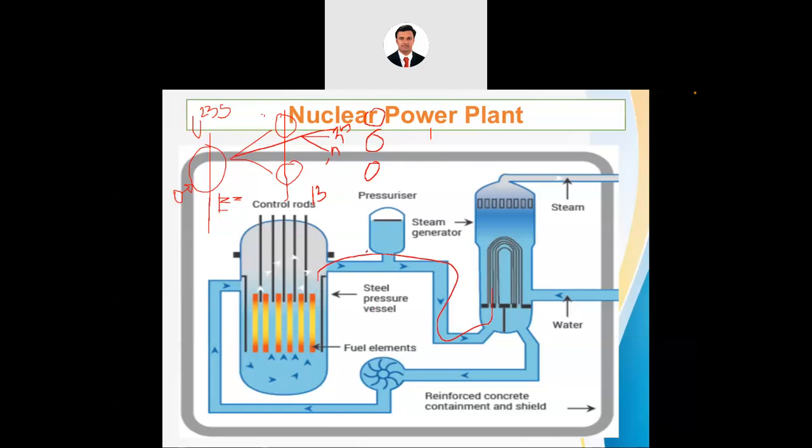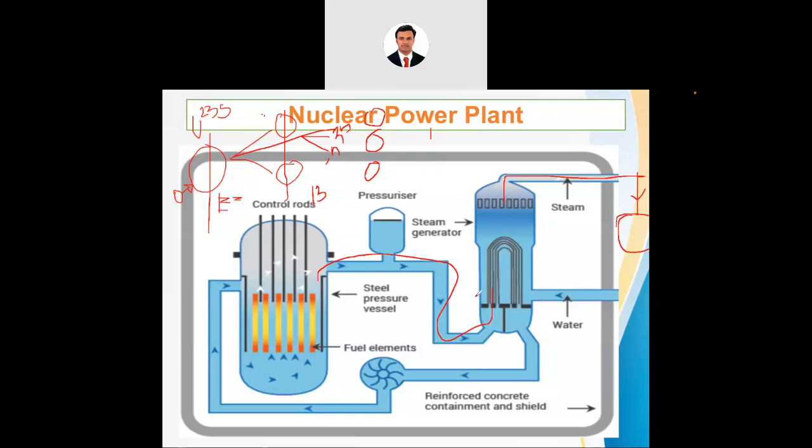In the secondary cycle, this water travels to the heat exchanger. In the heat exchanger, the water which came in direct contact with the nuclear rod exchanges its heat to the second circuit of water. Here the steam will be generated. This steam goes directly to the turbine, expands in the turbine, and power will be generated.